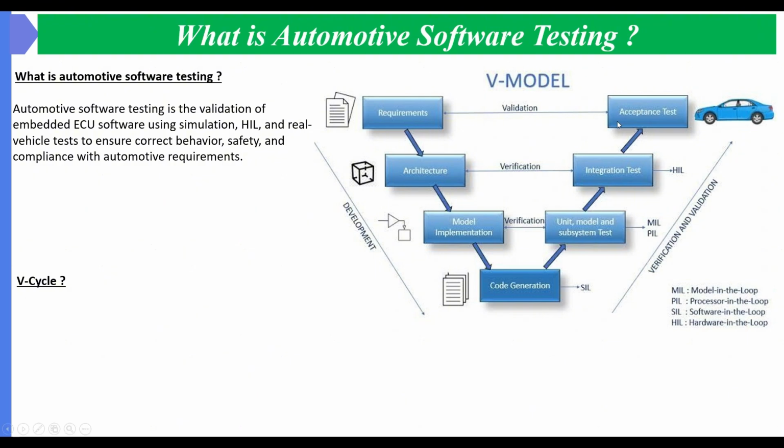Okay, so this is an example of a V model that shows how the software can be developed in automotive and how it can be validated and tested. It's just an example. You can find another form of V model with more details, but keep in mind that we have on the left side the development phases, and on the right side we have the validation or testing phases.